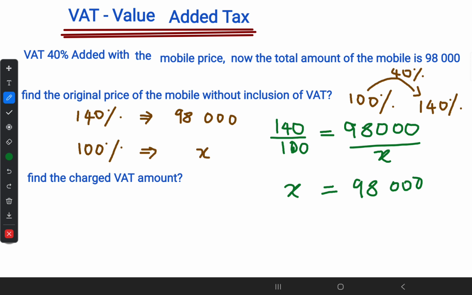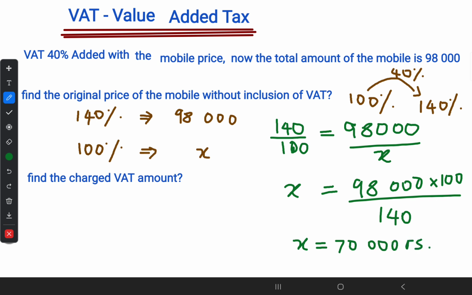When you have two fractions equal to each other, you can do the cross multiplication. 98,000 is multiplied with 100 and divided by 140. When you do the simplification, x will become 70,000 rupees. That means the original price of the mobile phone without VAT would be 70,000 rupees.